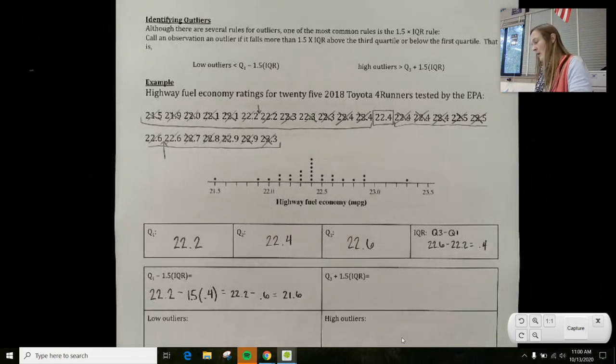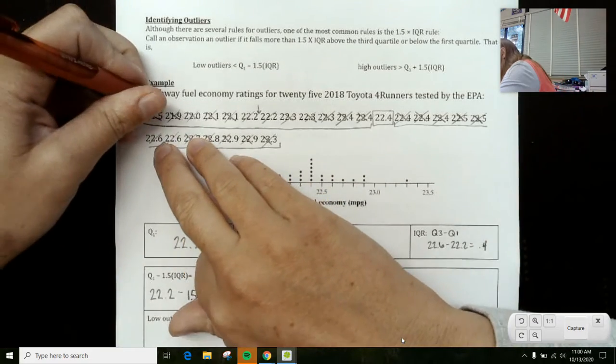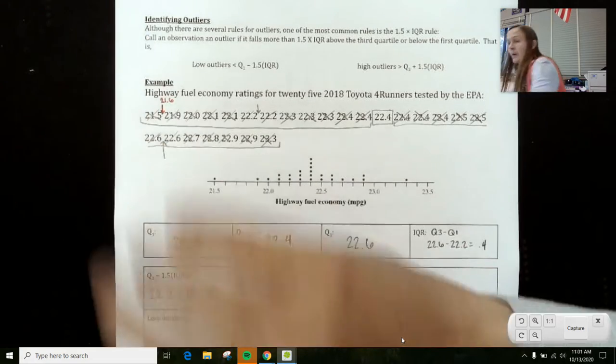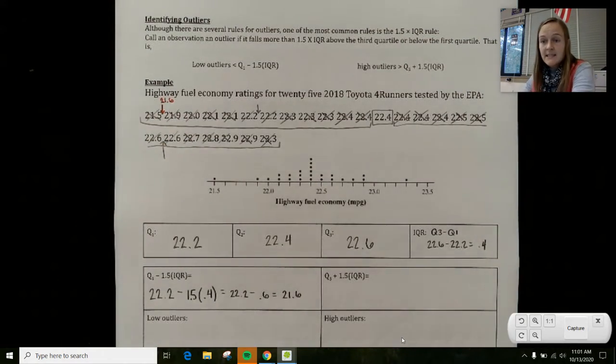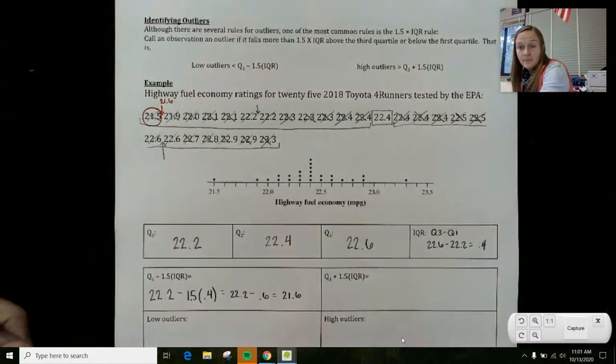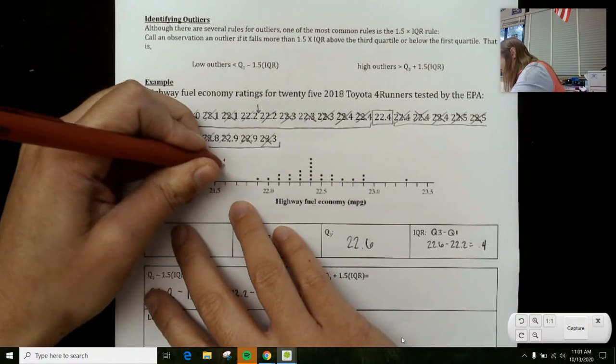So now I go into my data and I look, where would 21.6 fall? And it would fall right here. So what that says is 21.6 is the absolute lowest possible point that you could have and it not be an outlier. So that means 21.5 is an outlier. If you look at this on this graph here, 21.6 would be here.